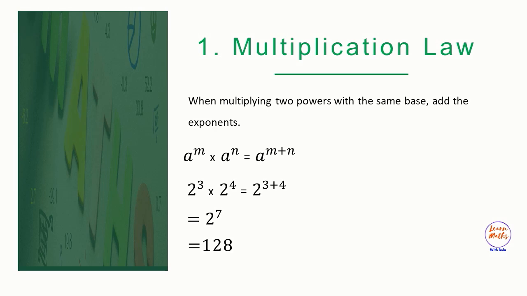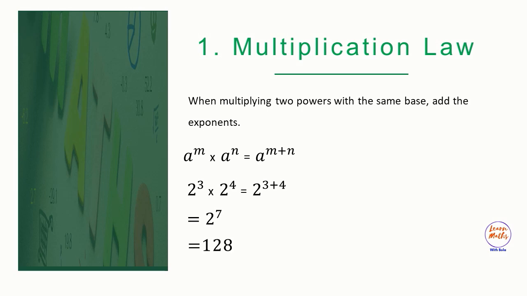Let me explain again. The multiplication law says that when multiplying two numbers with the same base, add the exponents. Like we established already, the number that the base is raised to is the exponent. So when you have a raised to power m times a raised to power n, you would have a raised to power m plus n.